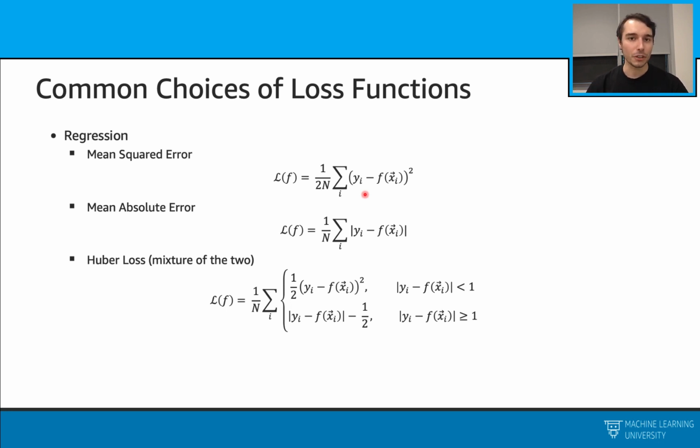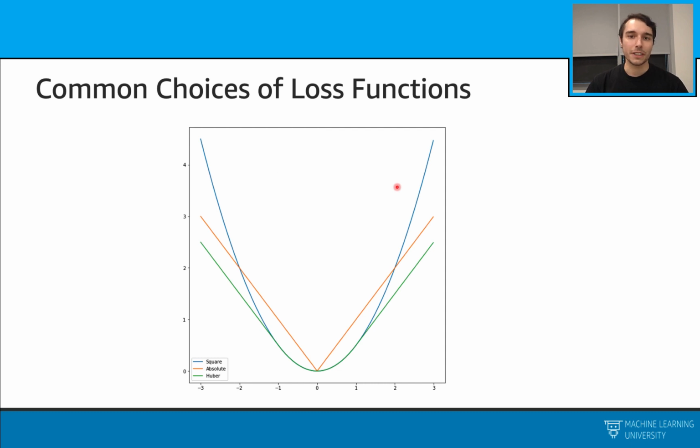In this Huber loss, if we have some large value here, we prefer using the mean absolute error. And if it is a small value, we can go back to using our mean squared error. So it is a mix of these two loss functions. It is nice. Overall, visually it looks like this. So this is the mean absolute error, this blue is the mean squared error, and this green is the Huber loss.